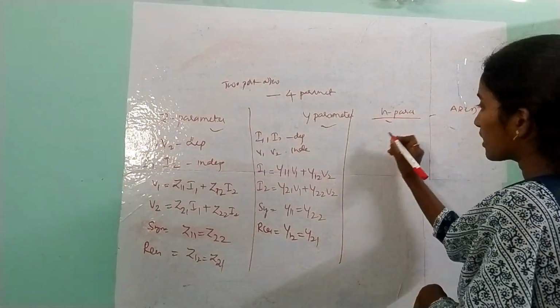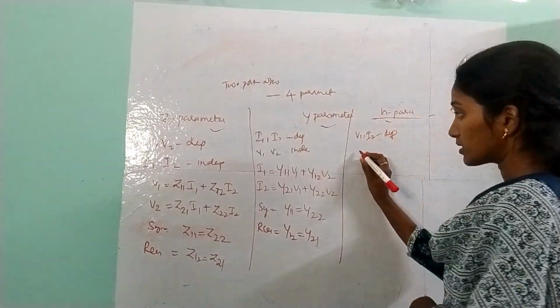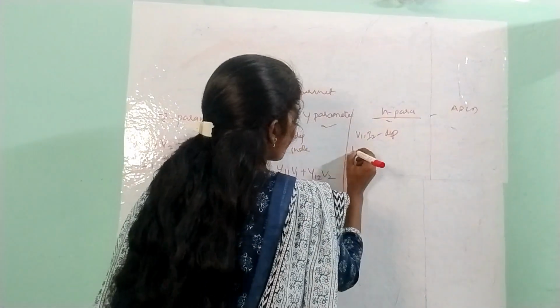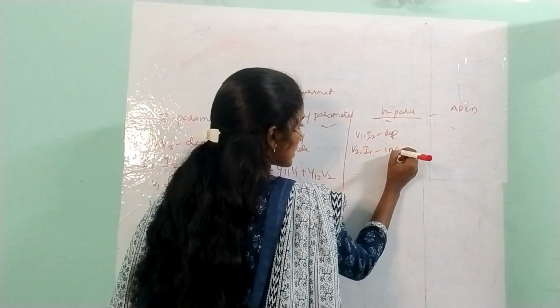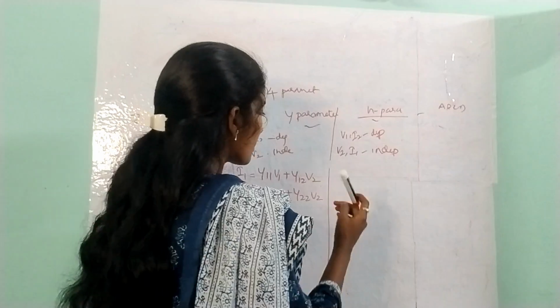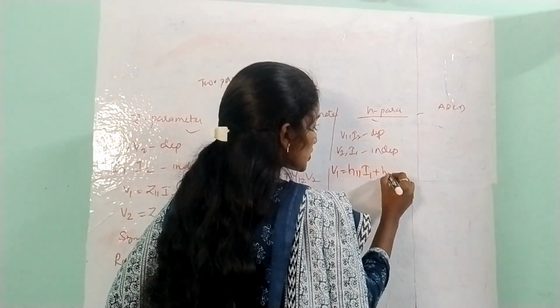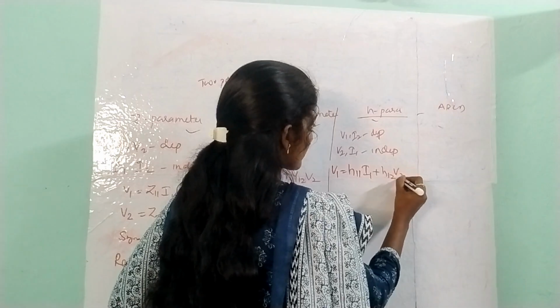Okay, and coming to the H parameters, here V1 and I2 are the dependent parameters. Okay, so V2 and I1 are the independent parameters. Okay, so formula ఏంటి అని అంటే V1 is equal to H11 I1 plus H12 into V2.